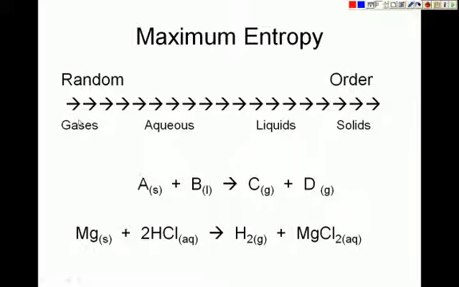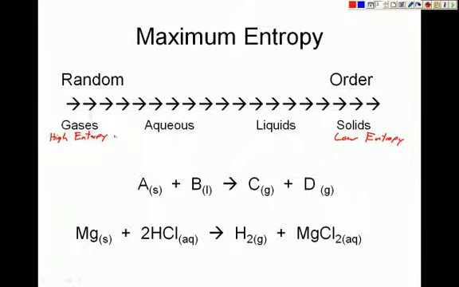Now, let's talk about these kinds of things. Gases have a lot of randomness, and as we move in this direction, we see solids, which are very, very orderly. Now, that means they have low entropy. So here is again high entropy, or high amount of randomness, and this is low randomness, or low entropy.